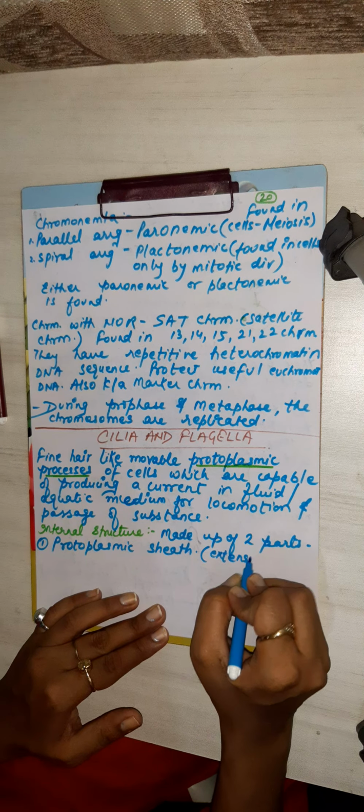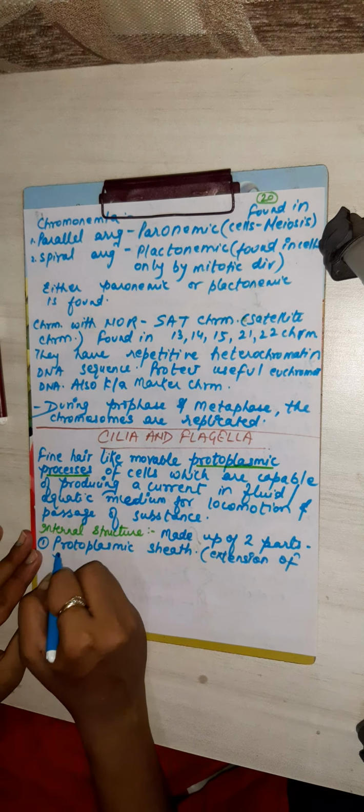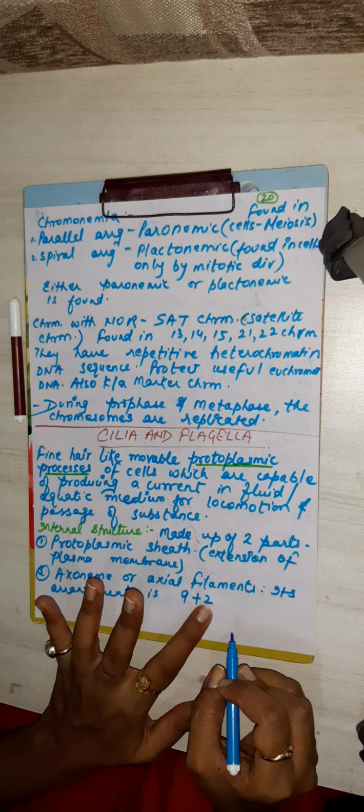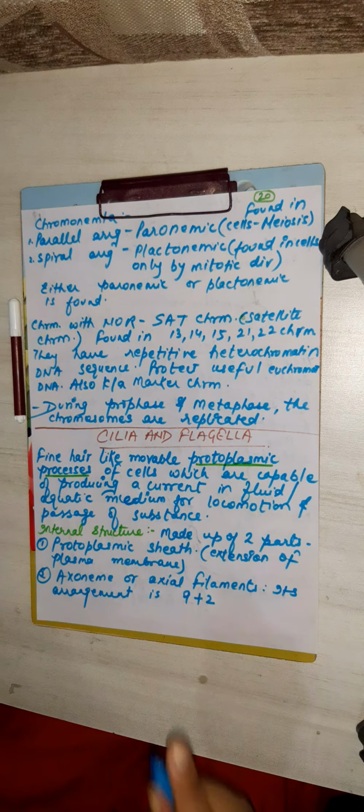The second is the axoneme, or axial filaments, and it is arranged in a 9+2 arrangement, which is important. 9 plus 2 means 2 will be in the center and 9 in the periphery. Periphery means बाहर की तरफ और ये दो सेंटर में.